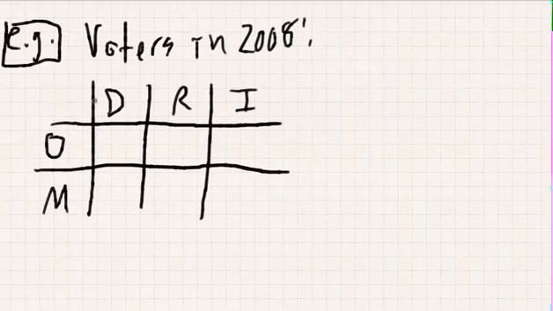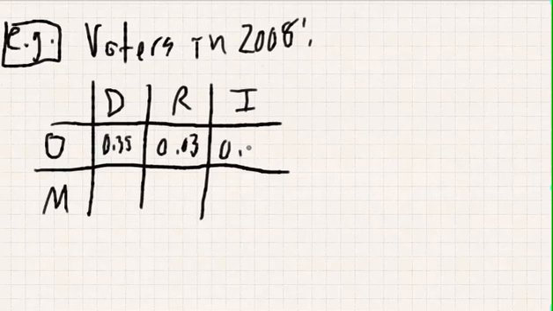Now, out of all of the people who voted, 0.35 probability were Democrats who voted for Obama, 0.03 were Republicans voting for Obama, so that's 3%, and 0.15 were independents voting for Obama, that's 15%.